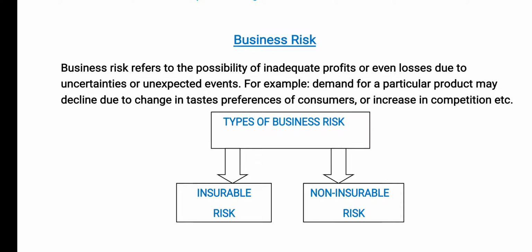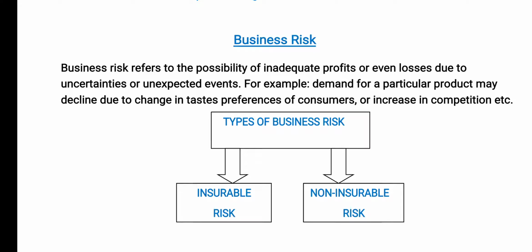So business and risk move together, because the possibility of inadequate profit or even losses due to uncertainties or unexpected events is termed as business risk. As we do the business, the risk moves with us as prominently as business.